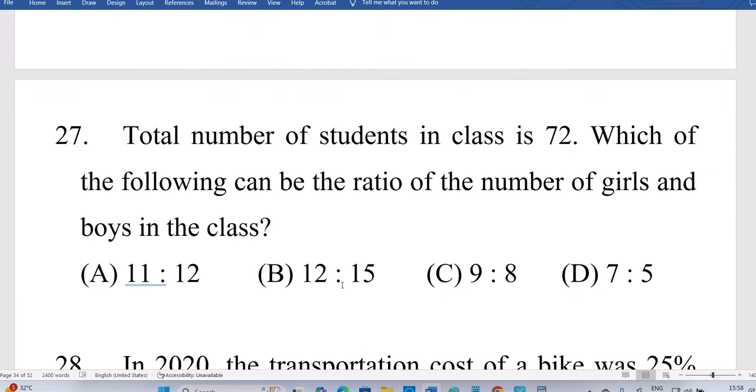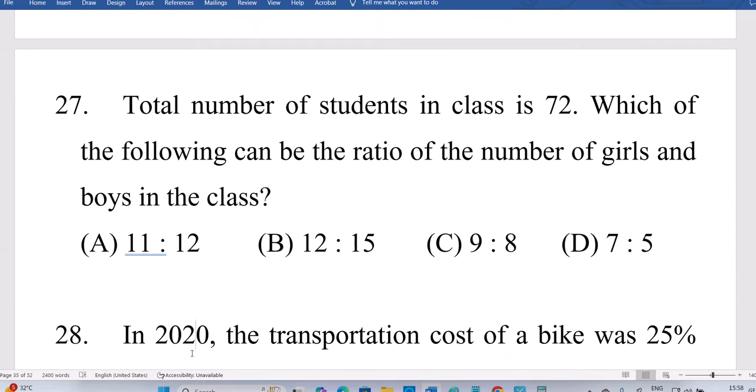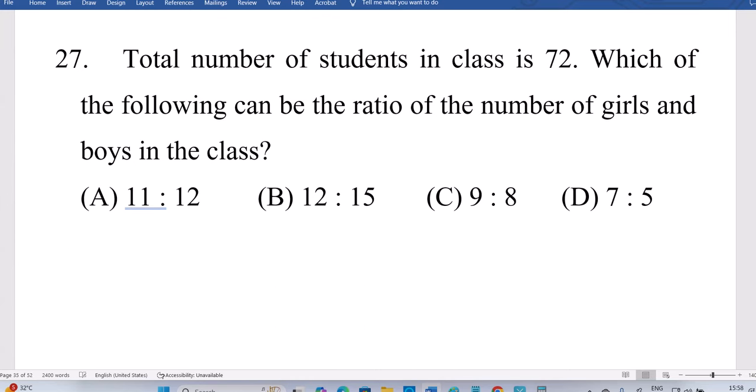That is the question. This is again, as mentioned earlier, a 30 seconds question. This is again a 30 seconds question. Total number of students in the class is 72.